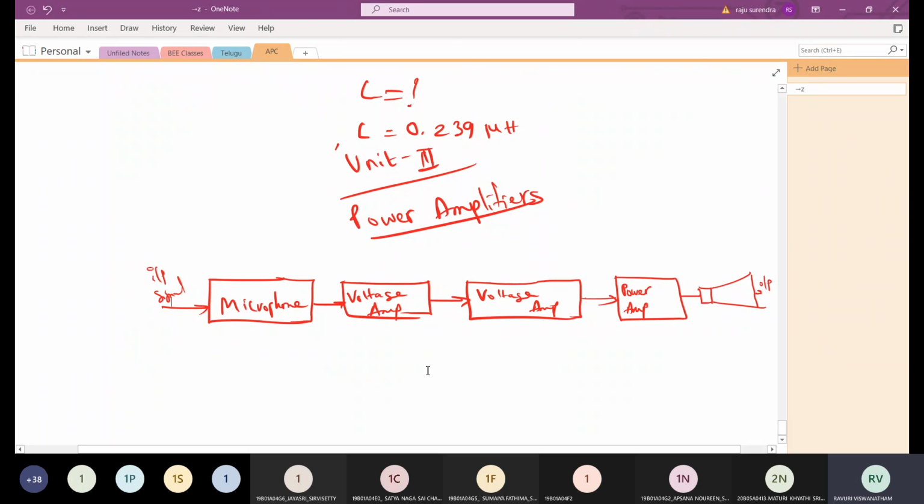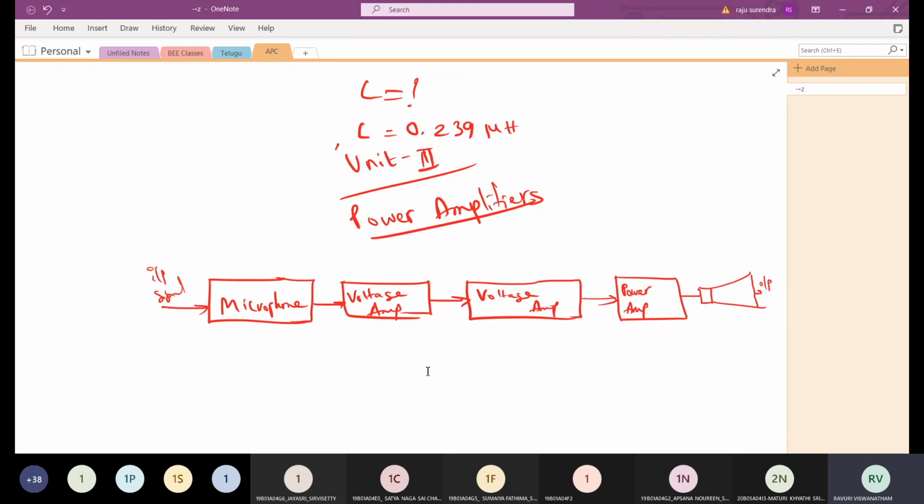Then only it is given to the loudspeaker we have drawn here, or maybe other output devices also. So voltage amplification is required to strengthen the input signal, as well as a power amplifier is also required to apply the same signal to any other output devices. I think all of you understood.